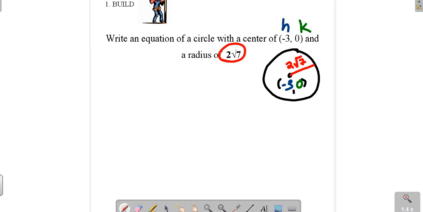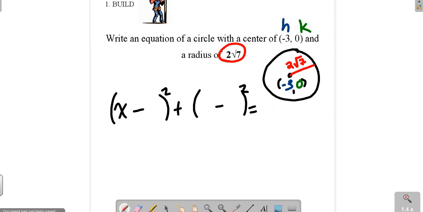Now we're going to build our equation. We start by simply writing the equation of a circle, and you're going to rewrite this every single time. That's x minus h parentheses squared, y minus k parentheses squared equals radius squared. This is the equation of a circle. Now get ready to circle stuff, because I'm going to show you how to plug stuff in. Circle, plug, chug.